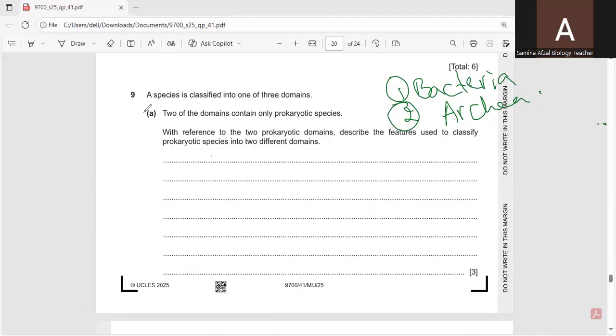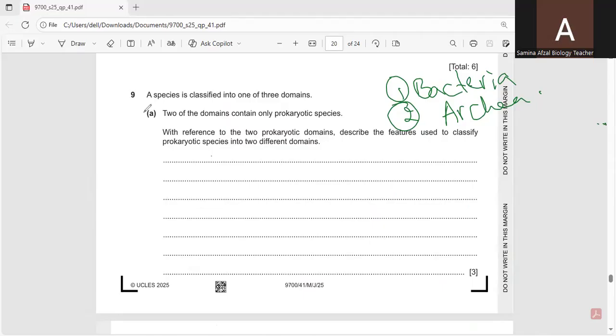If we talk about their habitat, archaea often live in extreme environments such as hot springs, hot saline water, or highly acidic or alkaline conditions. Bacteria are found everywhere and exhibit a vast diversity of metabolic strategies.